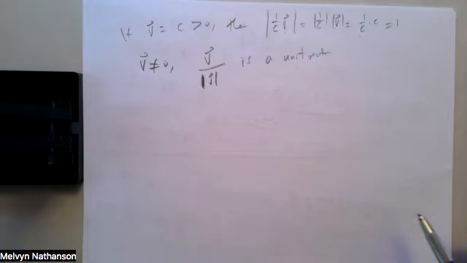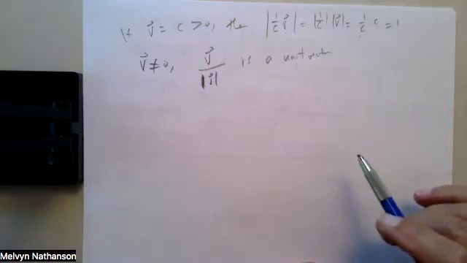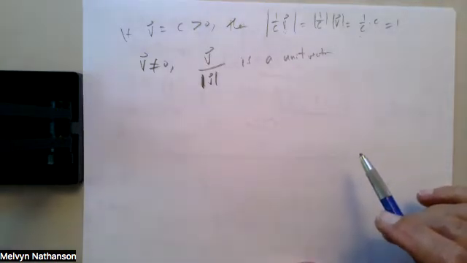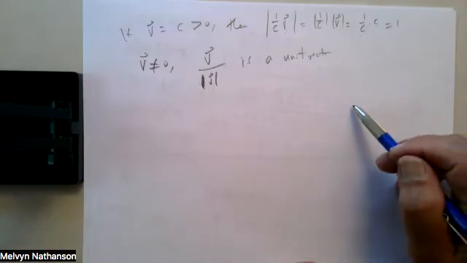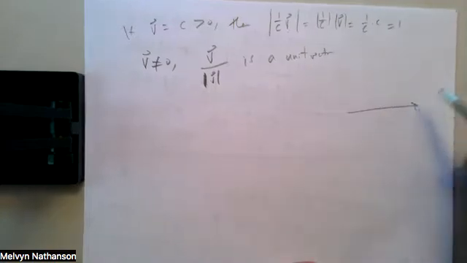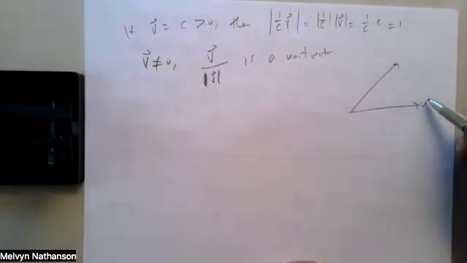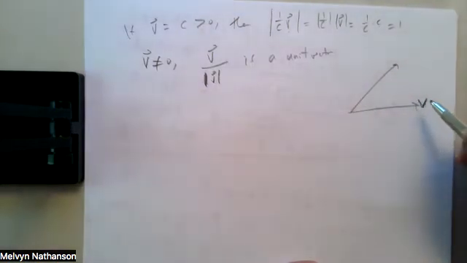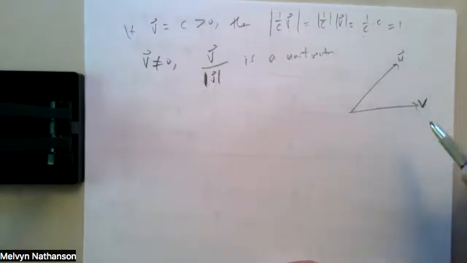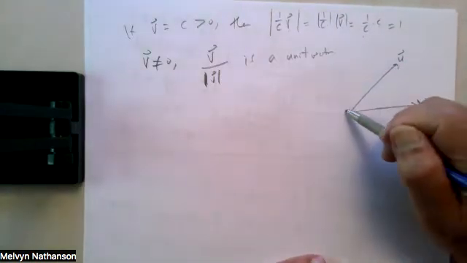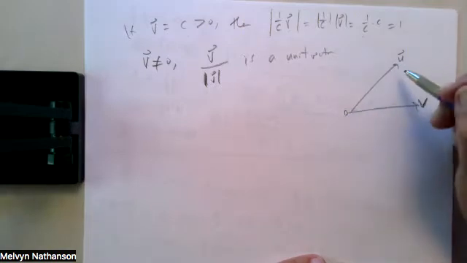And one thing that's always very useful to know, and this comes up a lot in physics, for example, is this: you have a vector u and a vector v. These are vectors emanating from the origin.